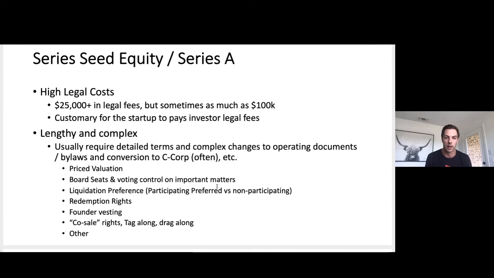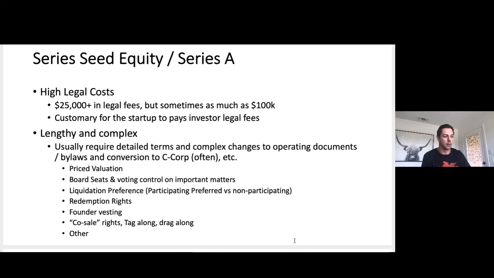So I always recommend doing these with venture attorneys who really know how to navigate and build the foundations for companies to go on and raise the next equity round and the next equity round and the following equity round after that. Going back and cleaning things up the later stage you get becomes extremely expensive.